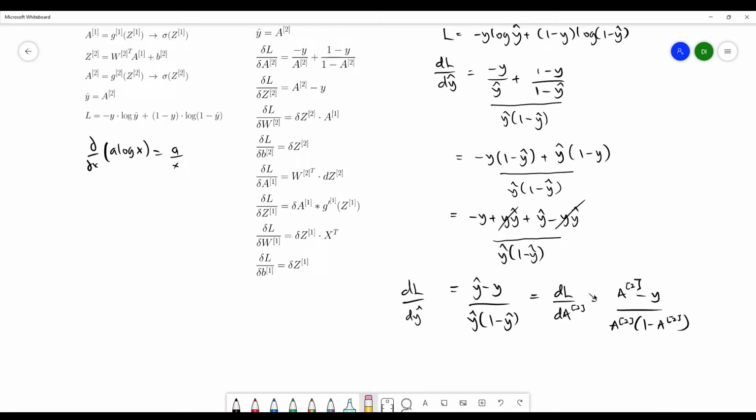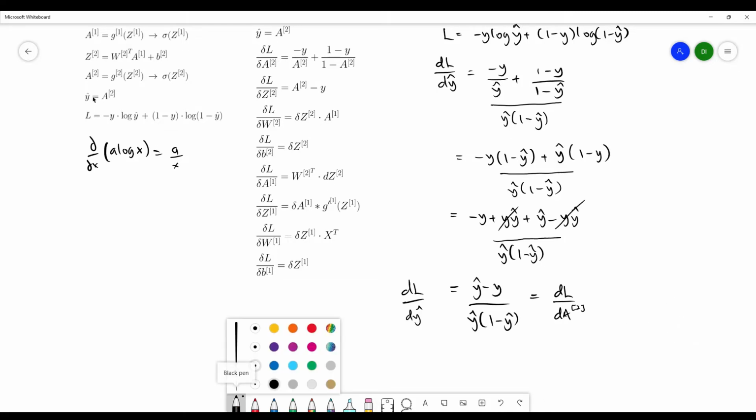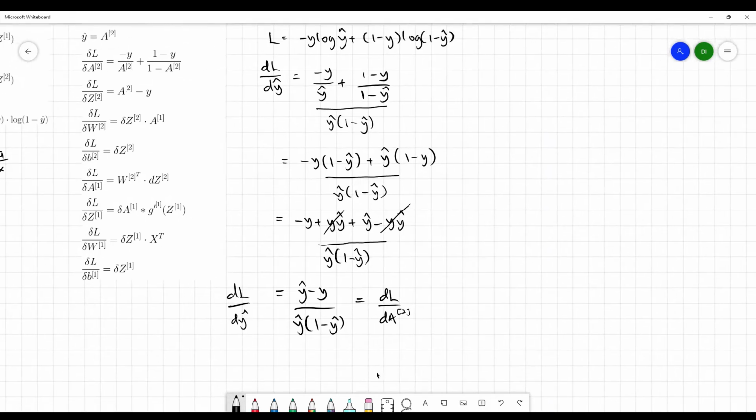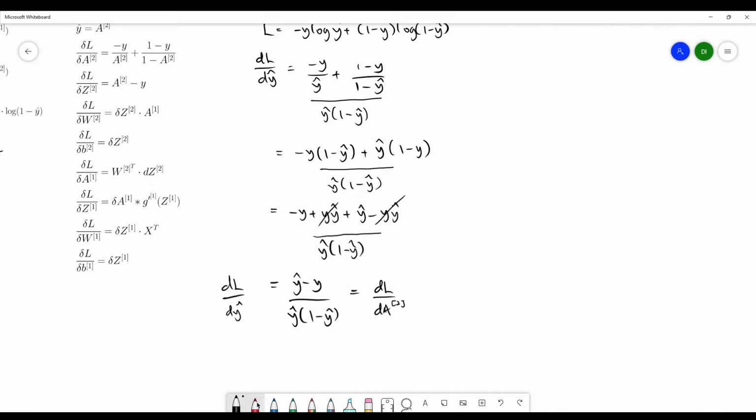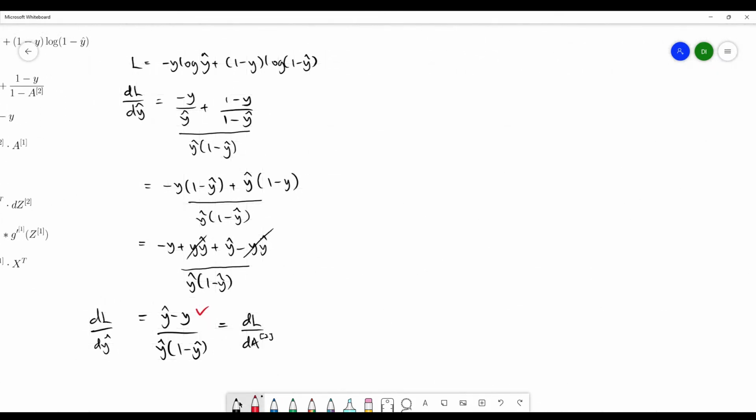I'm not going to write it, but it's the same thing, right? Because y hat really is equal to a2. All right, we can use our red pen to say check. We have dL/dA2. This is just at a point where I've not worked it out just yet, but yeah, moving on.